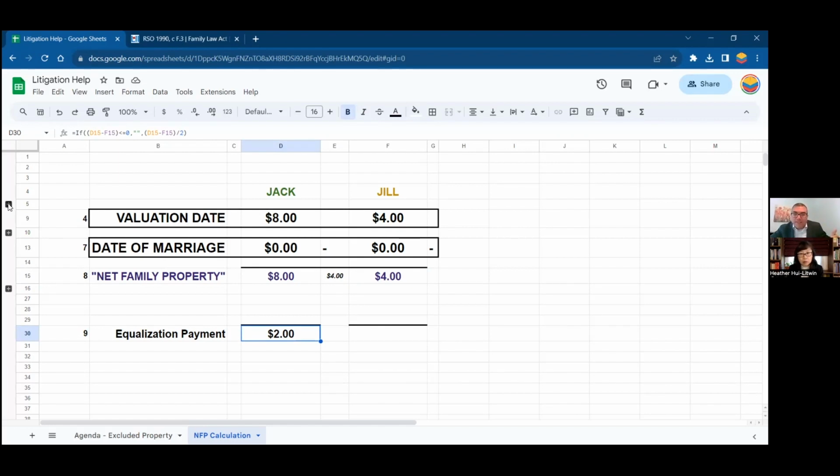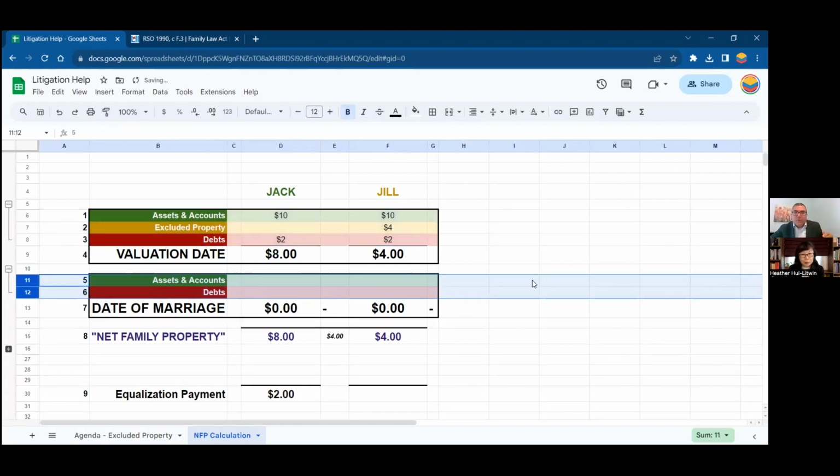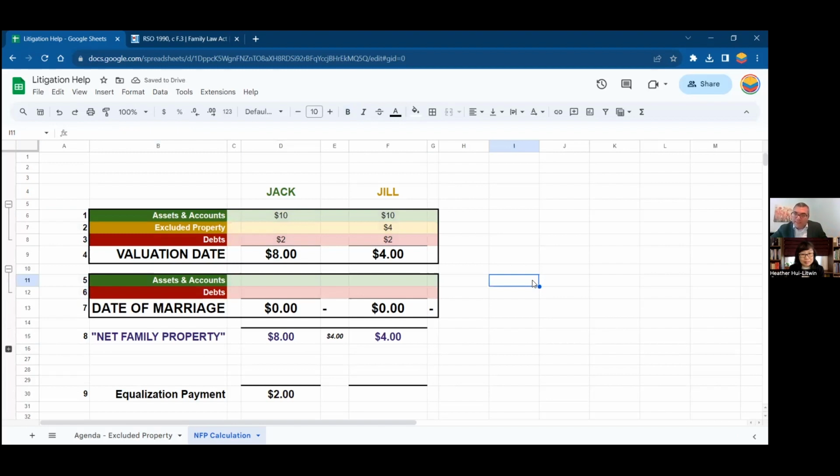And now I'm going to expand it for both the valuation date and the date of marriage. We're now going to look at what you're going to see on a financial statement, not with the colors, unfortunately. So how did we get to this 8 and this 4? On the valuation date, the date that they separated, let's say Jack was worth $10, and Jill was also worth $10.